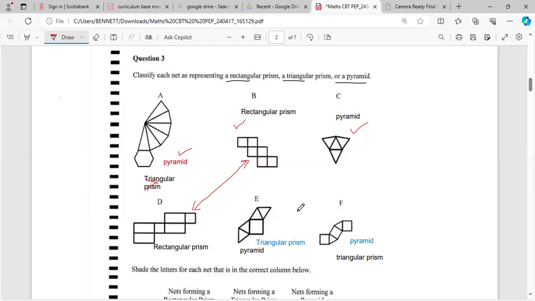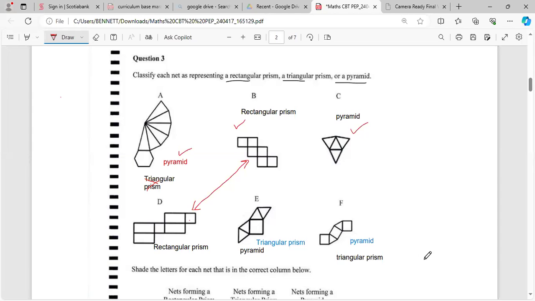No, sir, not for E, for D. Yeah, we have that already. Everybody agrees that this was a rectangular prism already. It's E and F we were saying you should look at. Sir, I found E, but it says a square pyramid.